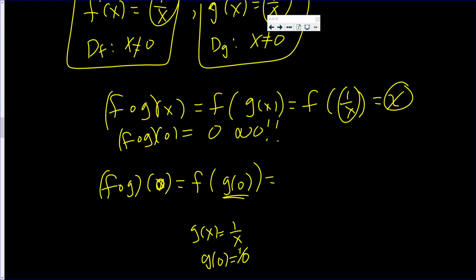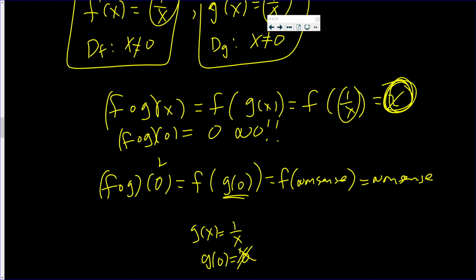It'll be 1 over 0, which is nonsense. And you can't find f of that, which is further nonsense. That is, 0 is not in the domain. You can't find f circle g of 0. Do not go down to the final result and then do it.